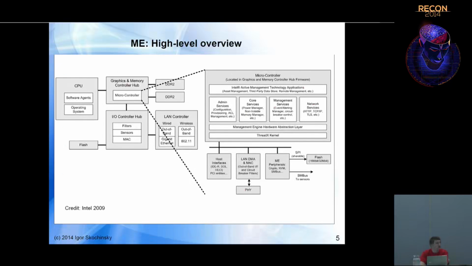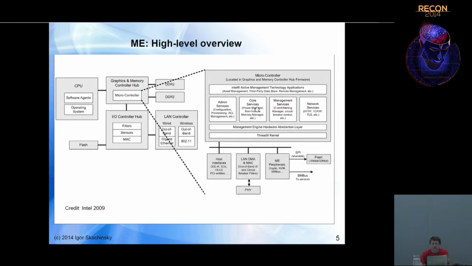So here's a diagram from Intel's documentation. You can see we have the CPU on the left. Then we have the graphics and memory controller hub, which is part of the chipset. And this microcontroller is placed inside of it. It has different components. It runs an RTOS called ThreadX.